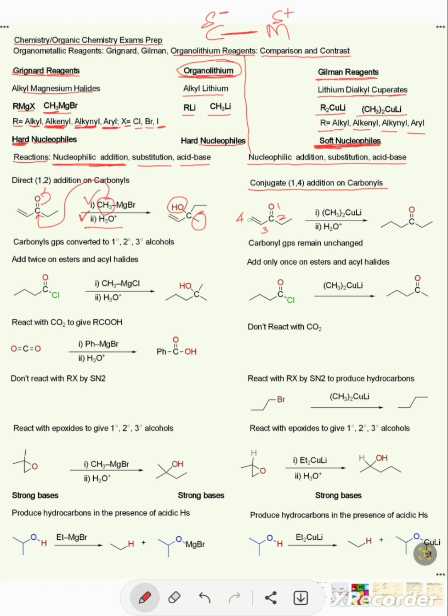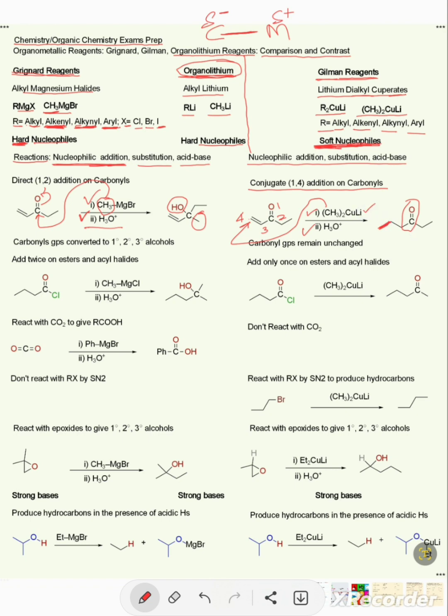Instead, they would approach this number 4 carbon. So the conjugate addition takes place in the case of Gilman's reagents. And in this reaction, overall, you would have to do the acidic workup after two steps. The carbonyl group remains unchanged, and as you see here, we have increased the carbon chain. This one carbon came from the lithium dimethyl cuprate, the Gilman's reagent.